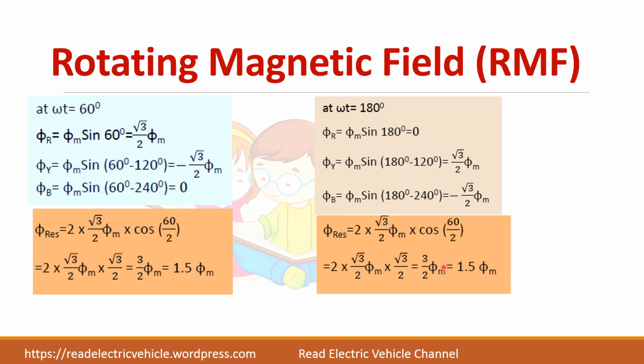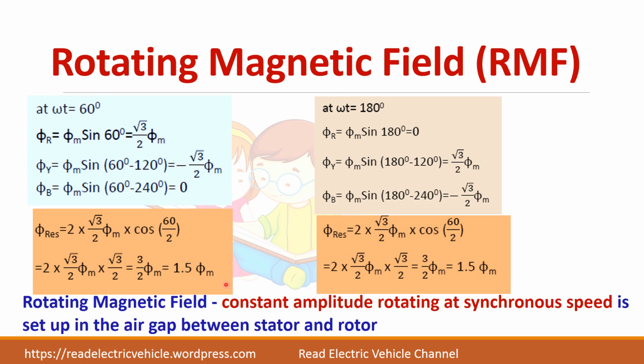So we can conclude that the resultant flux has a constant magnitude of 1.5 into phi m, but this will be rotating at synchronous speed in the air gap between the stator and rotor. We will see about synchronous speed later, but you see, though you are giving three-phase AC supply, the resultant flux has a constant magnitude of 1.5 times the flux.